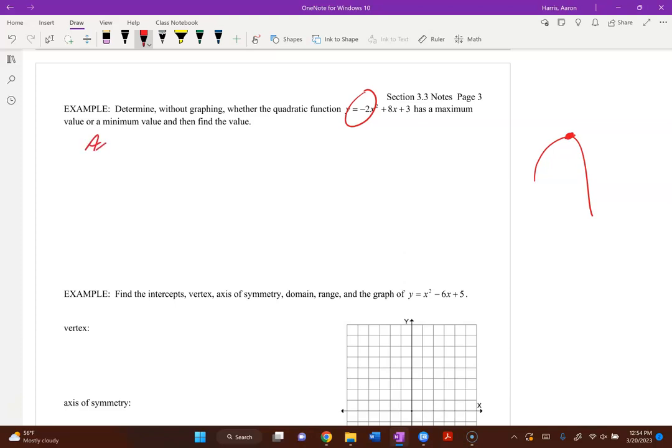So the axis of symmetry, let's start with that. x equals negative b over 2a. Our b here is 8, 8x, right? Our a is that negative 2 in front. So we got 2. That's equaling 2 on this. So where's our vertex? Well, 2, something.